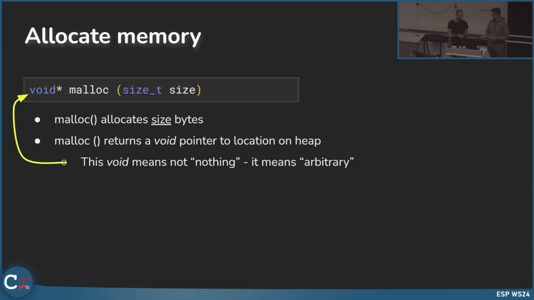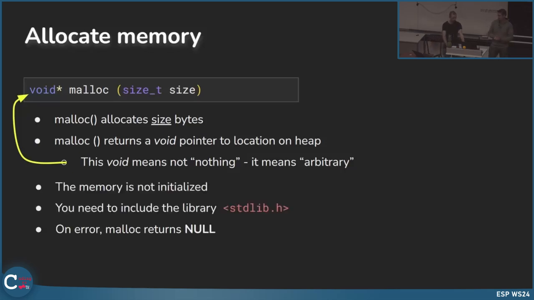You can use it for characters, then you cast it to a character pointer, or for integers, then you cast it to an integer pointer. That's again the great advantage of void pointers. So we only have one function, malloc, but you can allocate memory for different types of data.